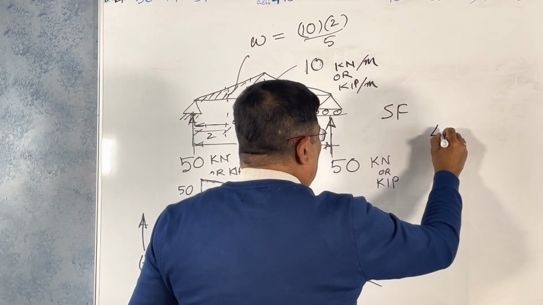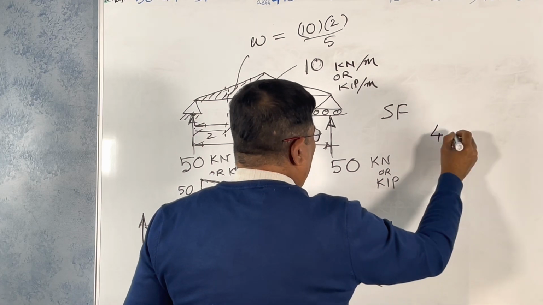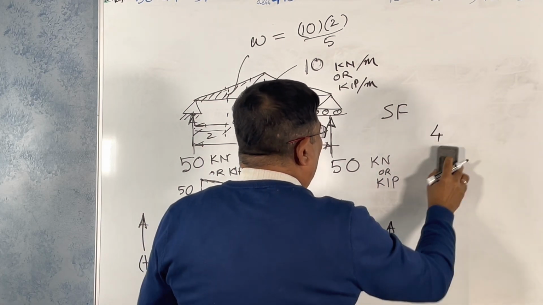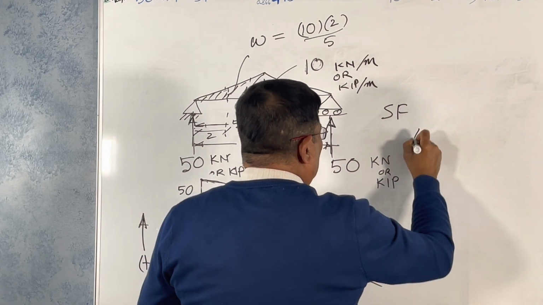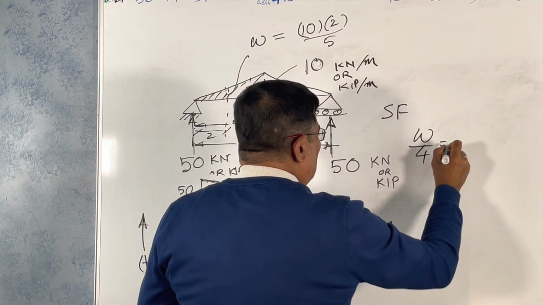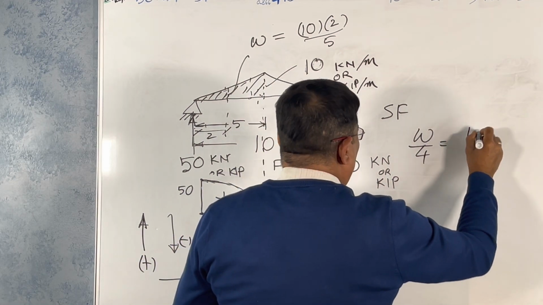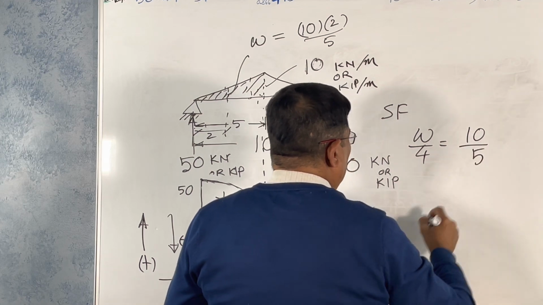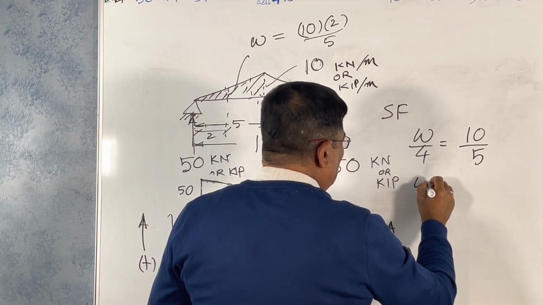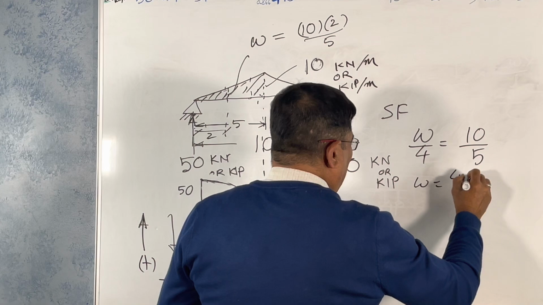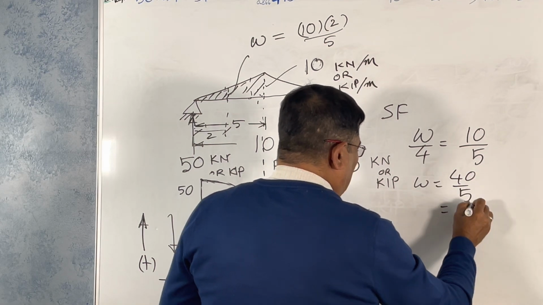The 4 divided by, what is W by 4, then 10 divided by 5. If you take it out, W equals 40 by 5, which is 8.